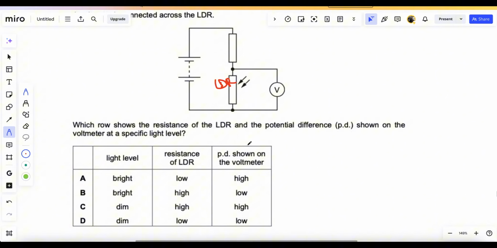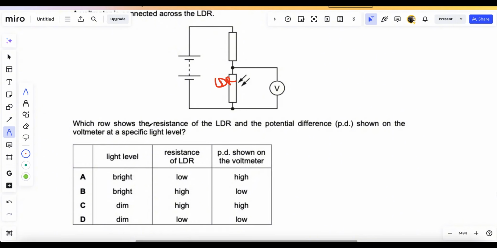Is that okay? Which row shows the resistance of the LDR and the potential difference shown on the voltmeter at a specific light level?